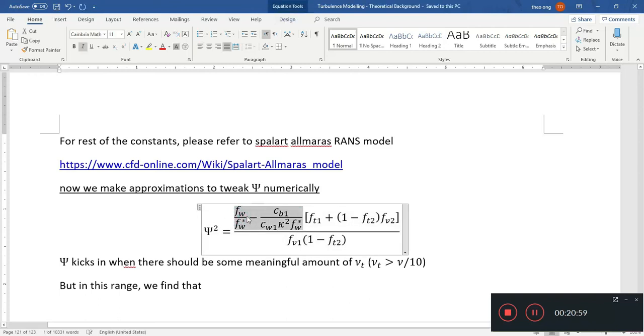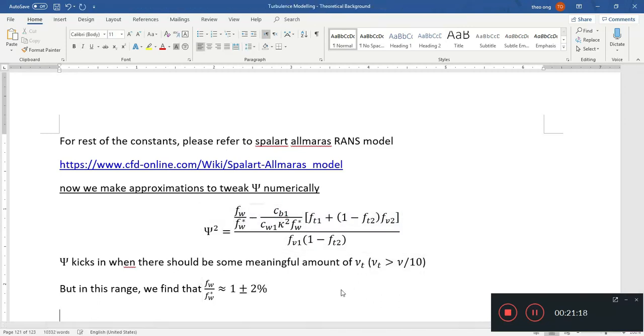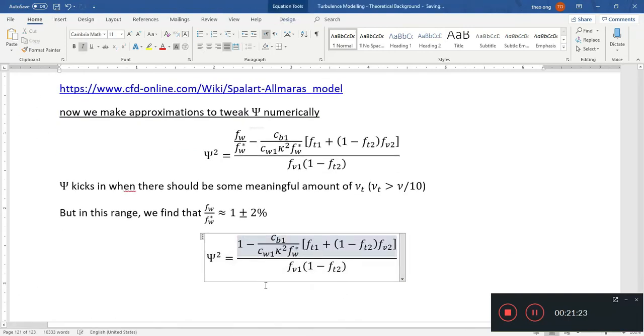We find that this is approximately equal to 1, plus or minus 2%. That's a great thing. It means we can get rid of some calculations that we don't want to solve for. So whenever you see this 1 here, it's because we approximated this as this.